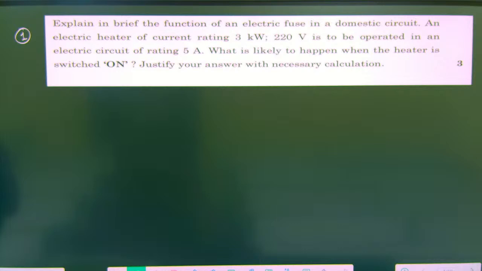Right. Is it okay now? Can you see clearly? Can you hear me and see me clearly? Not audible. Hello? Yes.